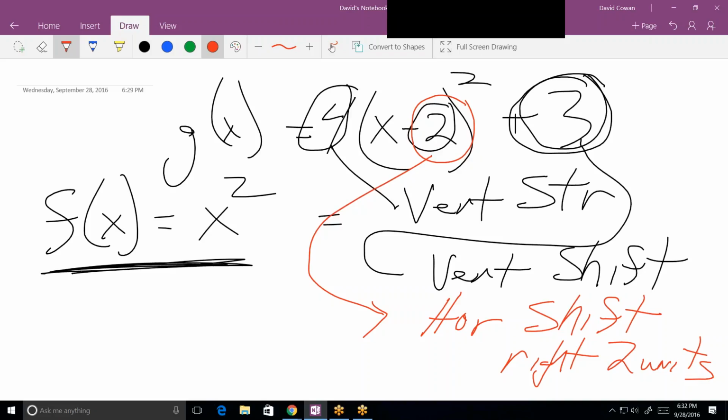There's no reflections. If I put a negative sign in front of that 4, now you've got 4 things being done: a vertical reflection, a vertical stretch, a horizontal shift, and a vertical shift. So you can actually have up to 6 things being done. If I put a negative sign in front of the x, now I've got a horizontal and a vertical reflection. Kind of getting it?